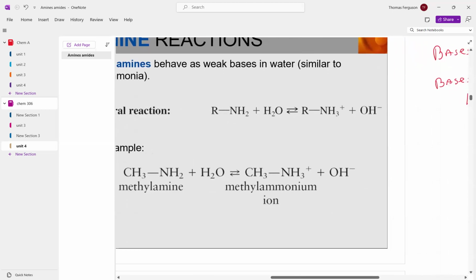Now, when one of these H's from the water goes over to the nitrogen, you form an NH3 plus ion, and that's called ammonium.